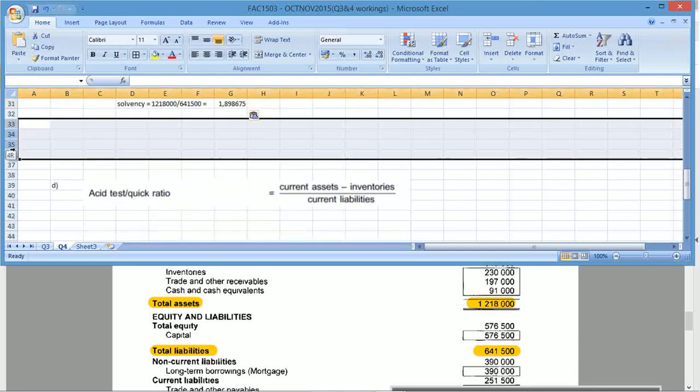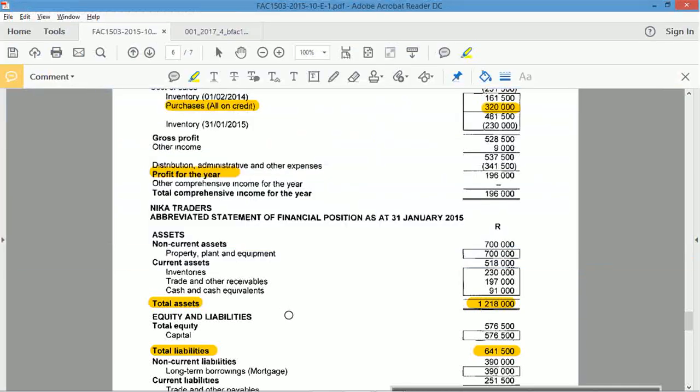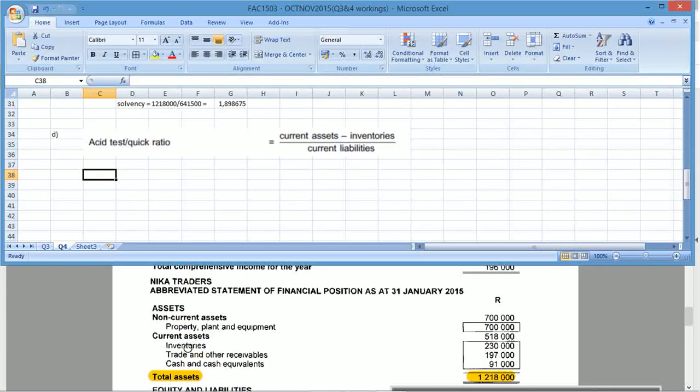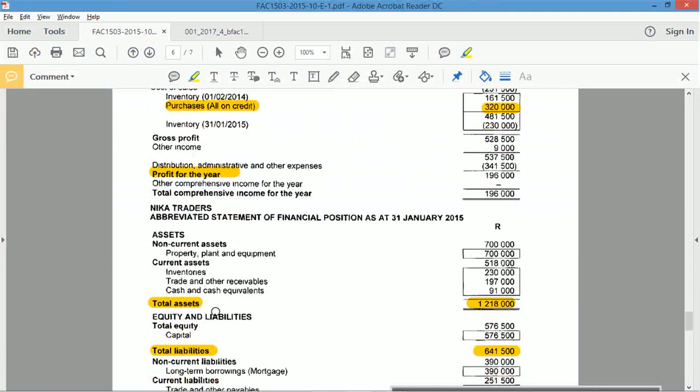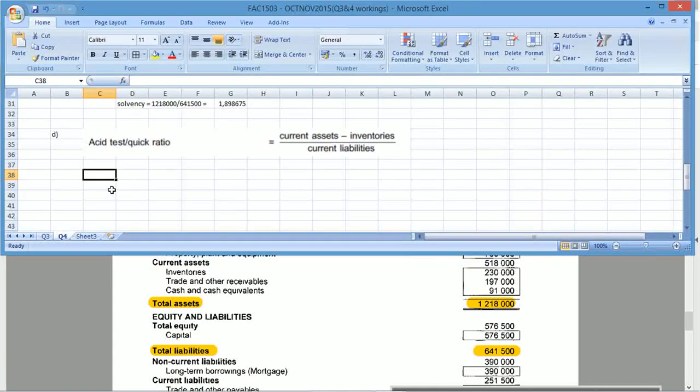D. Asset test. Asset test is your current ratio minus your inventory. There's current assets, there's inventory. I need current liabilities. There it is. Can you see all of that? Almost. There. Okay, so asset test equals, open brackets, current assets, here's my current assets, 518, less inventory, there's inventory, 230.